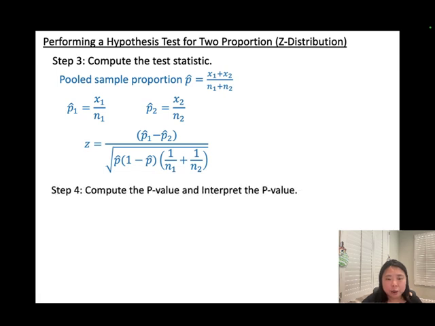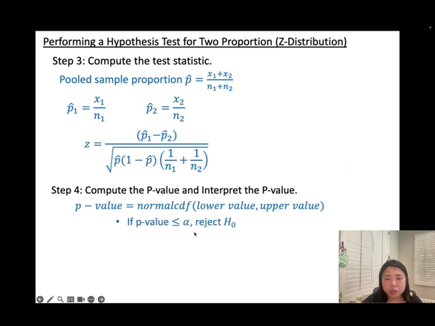Step 4, compute the p-value and interpret it. Since we are using the Z distribution, that will be using the normal CDF, lower value, upper value. If the p-value is less than or equal to the significance level, that will be reject. Greater than, that will be fail to reject.